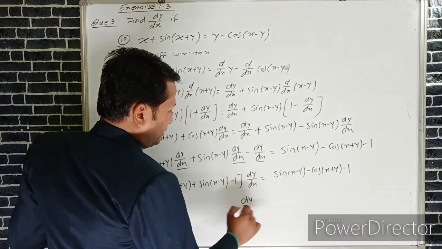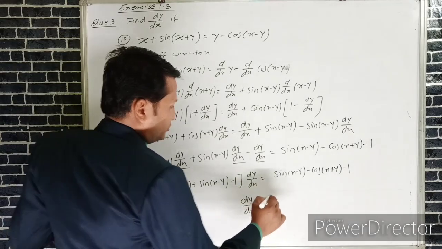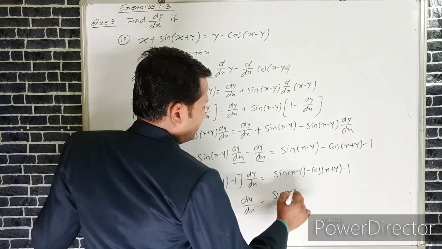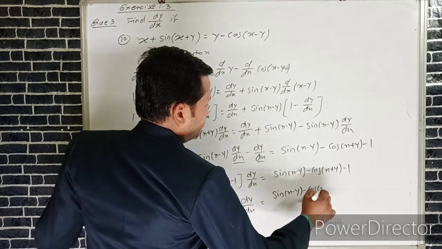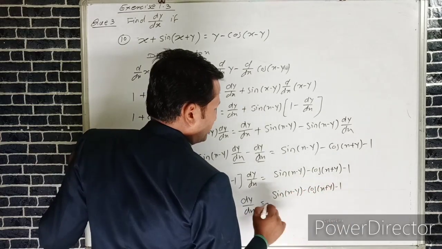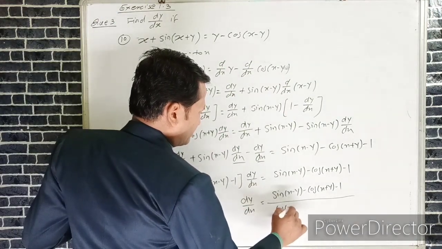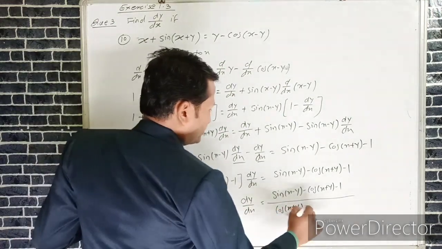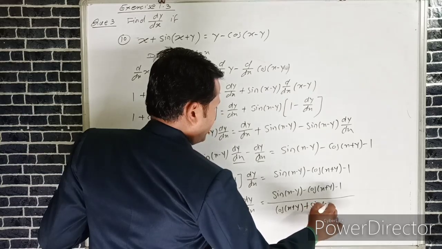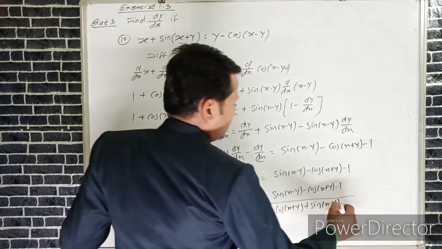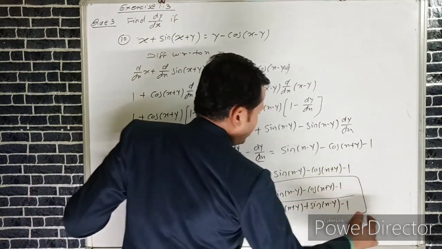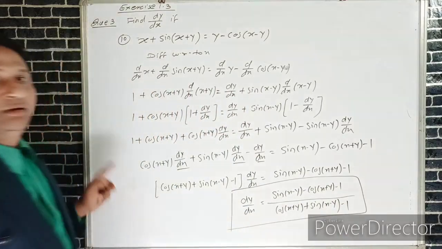Then dy upon dx is equal to sin of x minus y minus cos of x plus y minus 1 upon cos of x plus y plus sin of x minus y minus 1, which is the required derivative, dy upon dx.